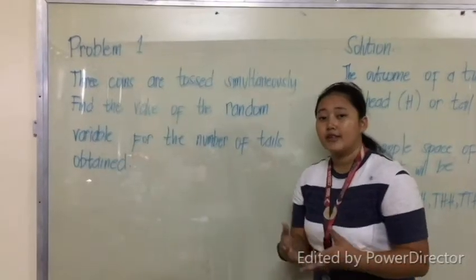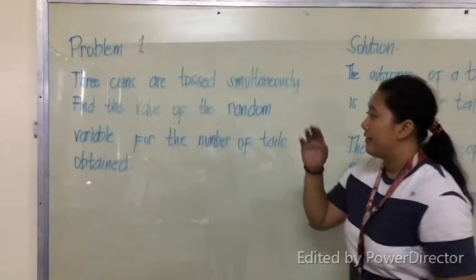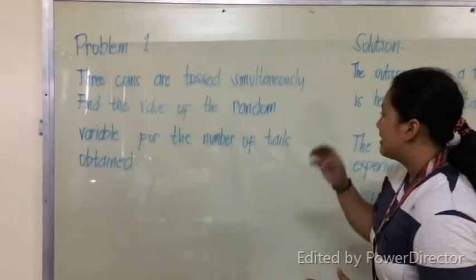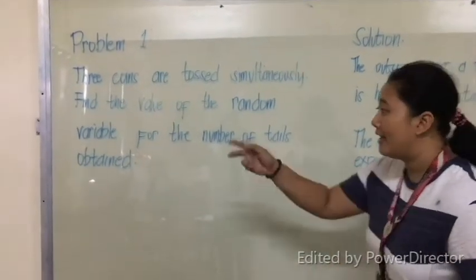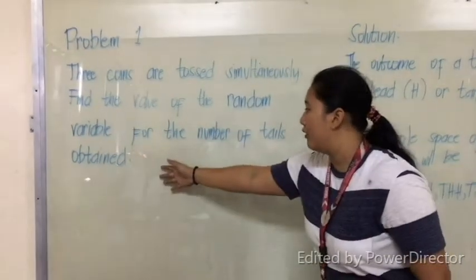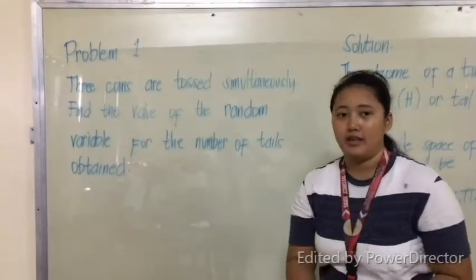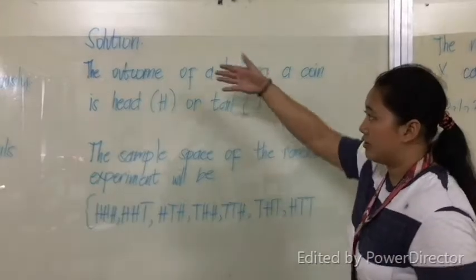So, here is our problem number 1. 3 coins are tossed simultaneously. Find the value of the random variable for the number of tails obtained. Solution.